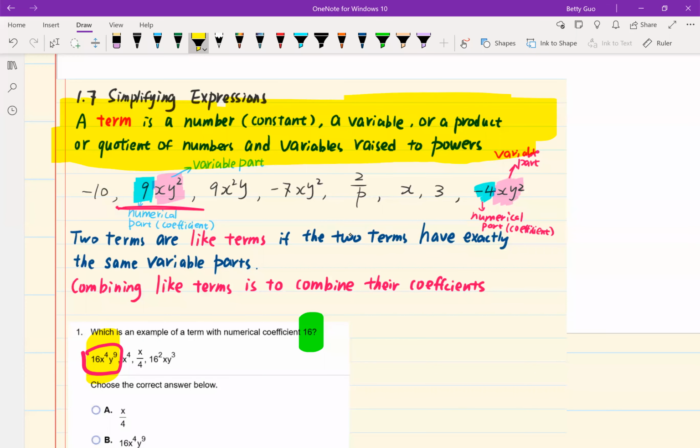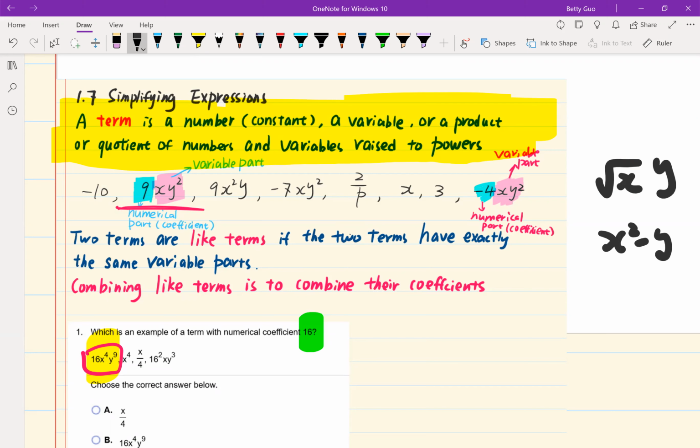Yeah, let me write something which is not a term. For example, square root of x times y. This is not a term. Hold on.